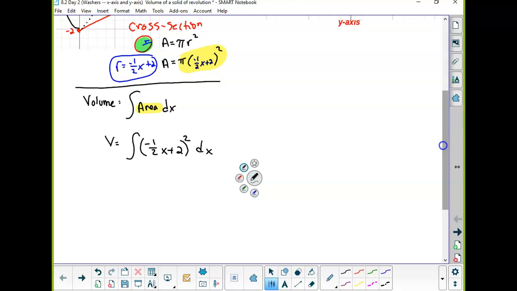I'm going to do one thing here. Notice I forgot a pi. I did that on purpose because pi is a constant, right? If pi is a constant, we know in integrals I can float the pi on the outside. The only thing that's left over are my bounds.